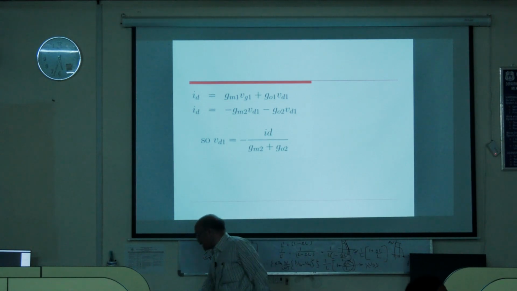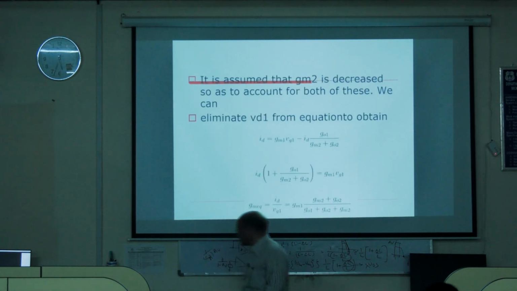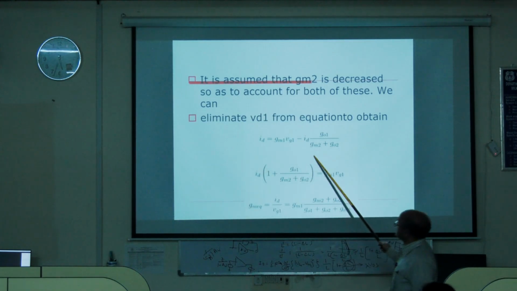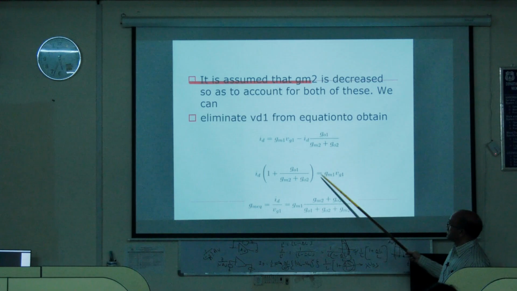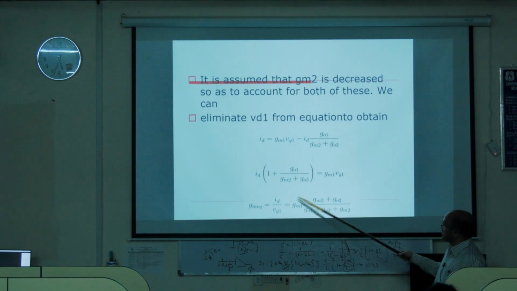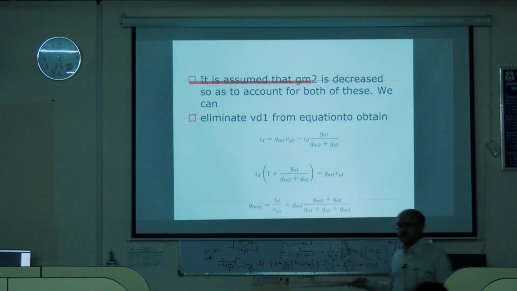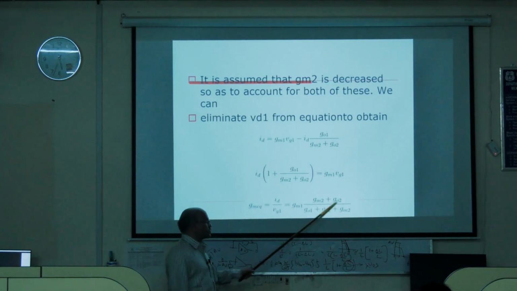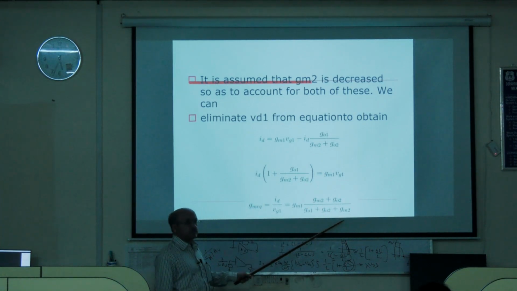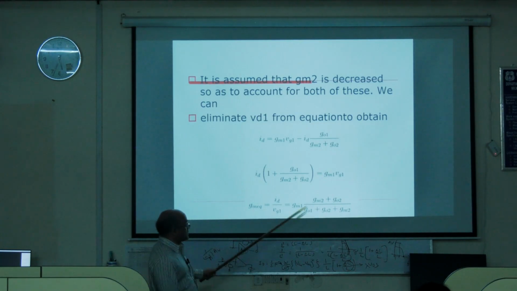When I substitute there and simplify, you will get GM equivalent, which is ID by VG1, equal to this expression. So what did you get here? GM1 into GM2 plus G02 by G01 plus G02 plus GM2.